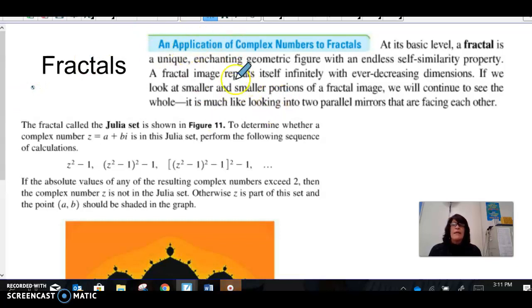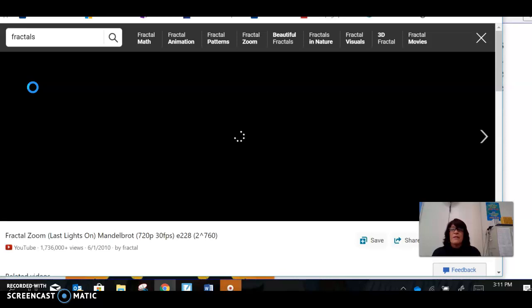One place, an application of the complex number is something called a fractal, which you will study in college math if you go pretty far up. Okay. Just wanted to show you quick.